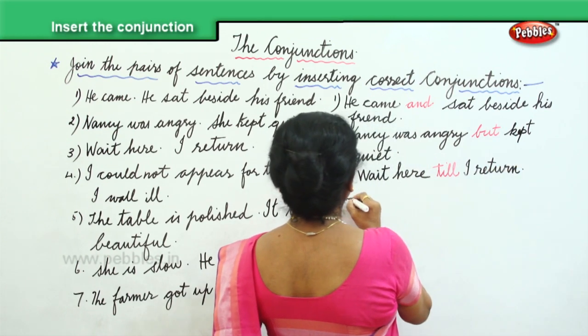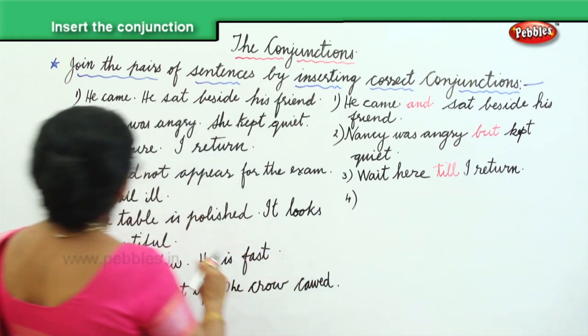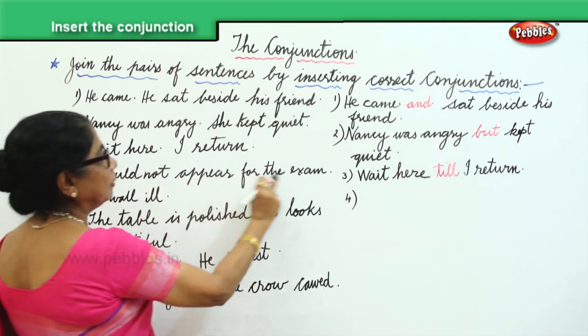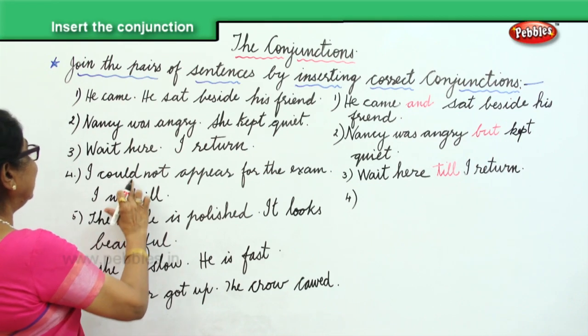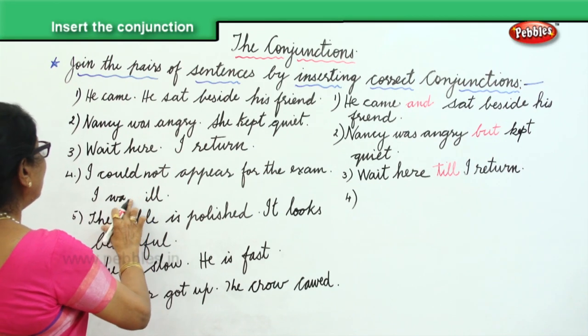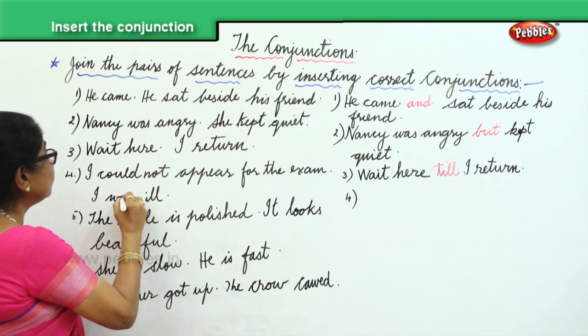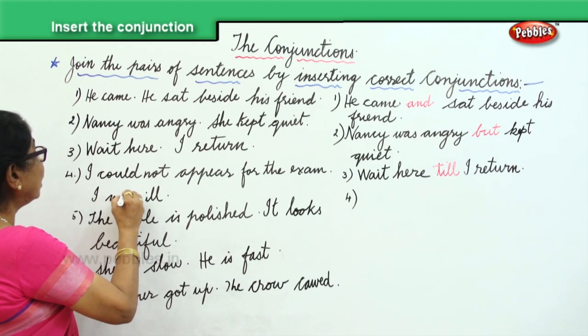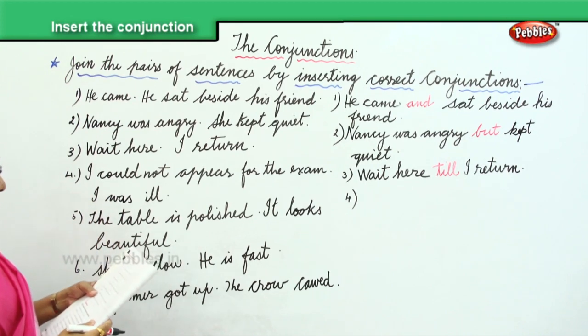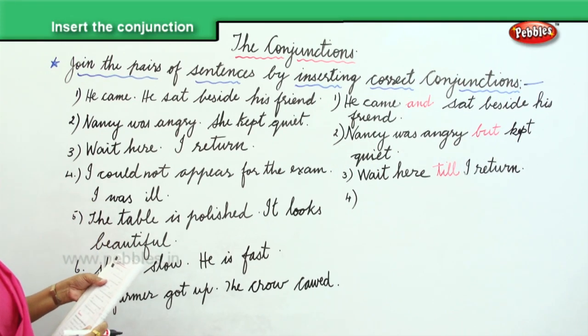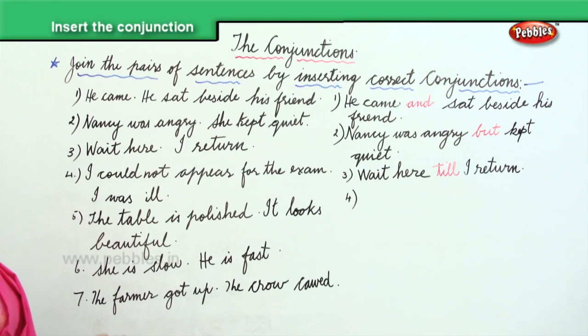Next one. Fourth one. I could not appear for the exam. I was ill. I could not appear for the examination because I was ill.